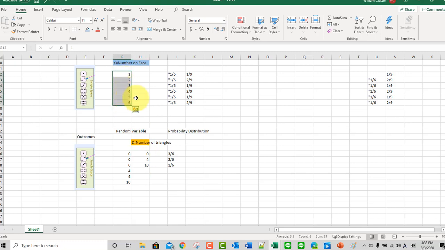For this one, the probabilities would normally be this. This is what we would normally think of, but it doesn't have to be. It could be an unbalanced die. So it might look like this. And this one, this random variable. So the sample space is the same for both of these, but the random variable is the number on the face versus the number of triangles.